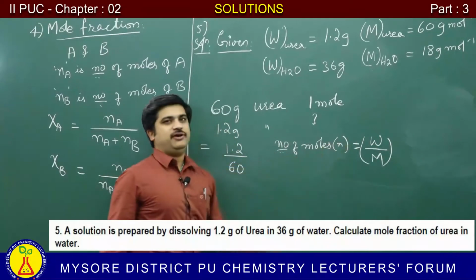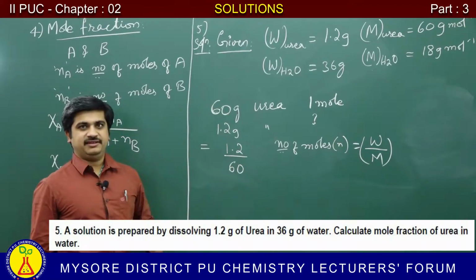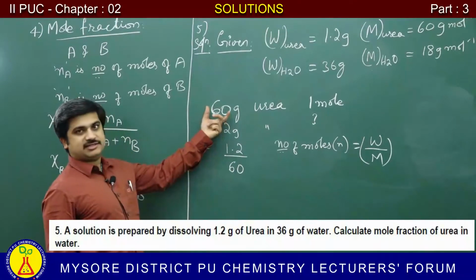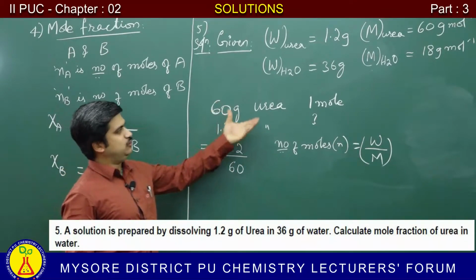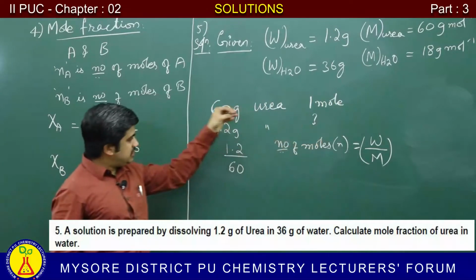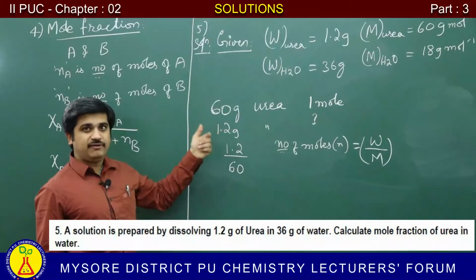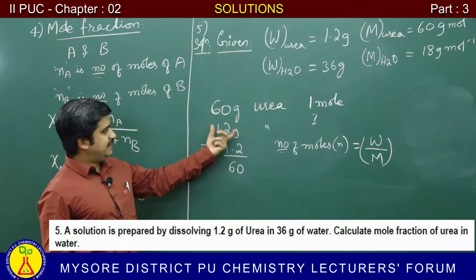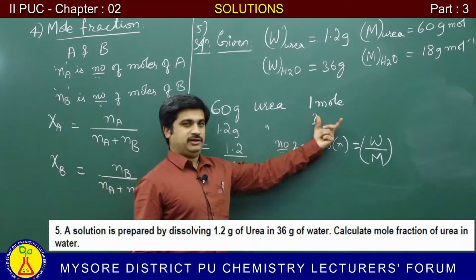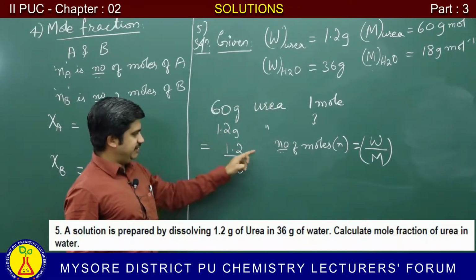So, how did we get this formula? It is just like this. 1 molar mass of any substance gives you 1 mole. Whatever weight in grams we have, that we want to convert in terms of moles, gives how many moles. If we equate this, we get this format.